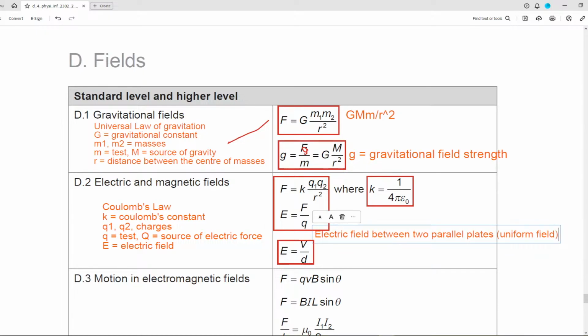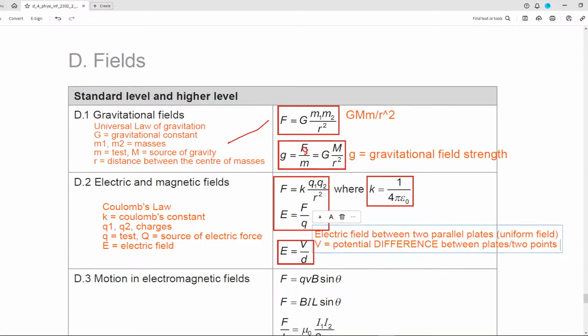Which means if you know the potential difference, V here is actually the potential difference. I would say we should use delta V here, like the Alberta curriculum book would, but IB doesn't do that. So I wouldn't use delta, but this one is actually potential difference between the plates, or two points if IB wants to make things interesting.